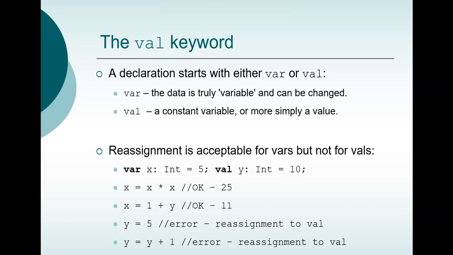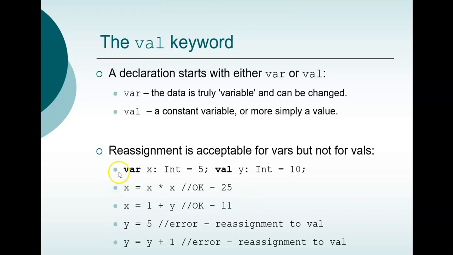But when you use val, V-A-L, then it cannot be changed. The content cannot be changed after you have declared or initialized it. So val, we use it for constant variables. So if you know that in the course of the project, the variable can change, then you have to use var, V-A-R. But if you want to assign constant value to a variable, then we use the keyword val.